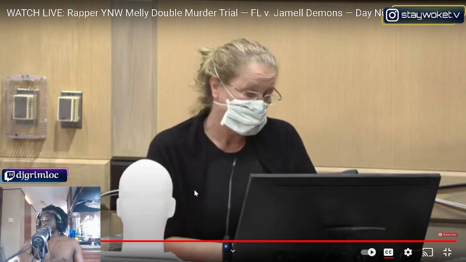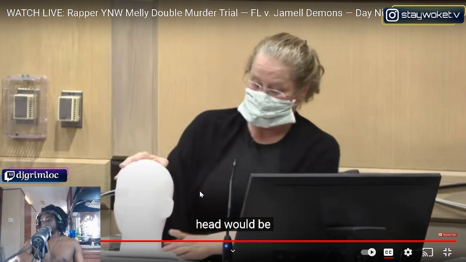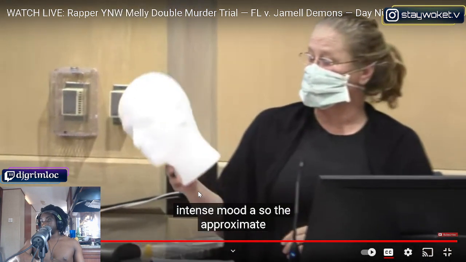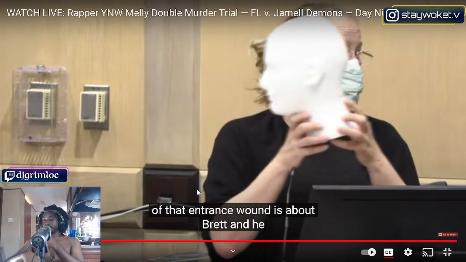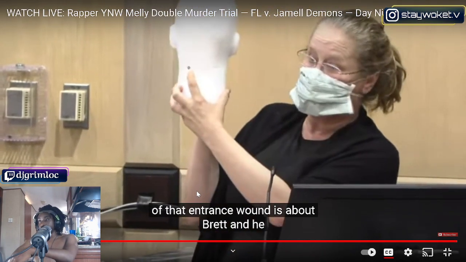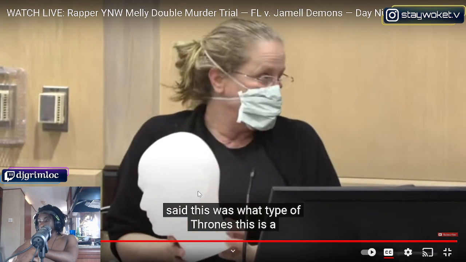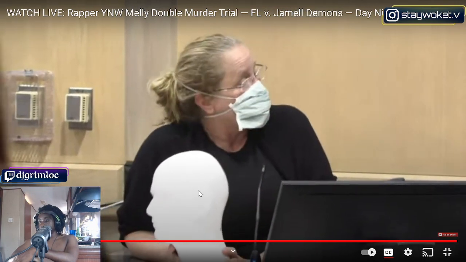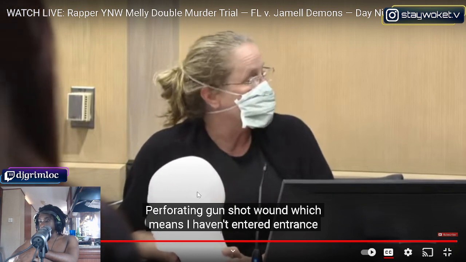Proceed. Dr. McDougall, could you be kind enough to show where on that head would be entrance wound A? So the approximate position of that entrance wound is about right here. And you said this was what type of gunshot wound? This is a perforating gunshot wound, which means I have an entrance and an exit.